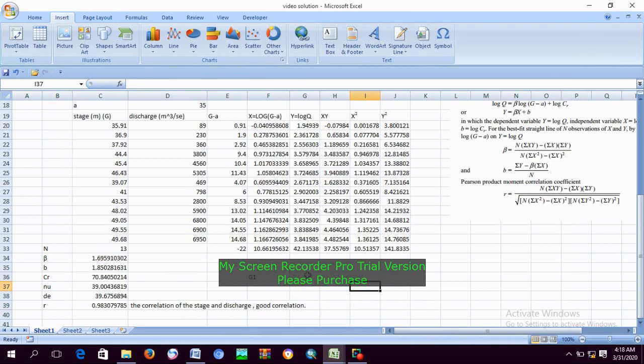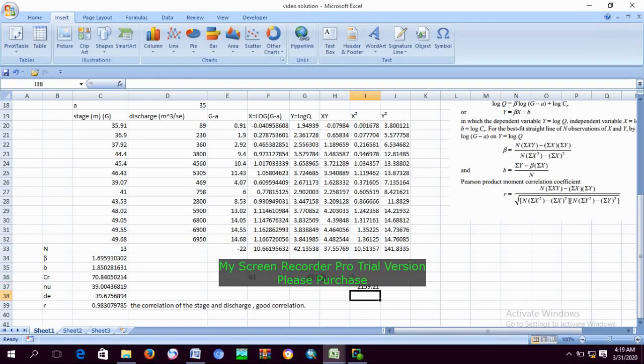Determine for G equal to 42.5, then capital Q. By using this formula, it is equal to 70.84 times the bracket G, this value minus 35, to the power of 1.6959.